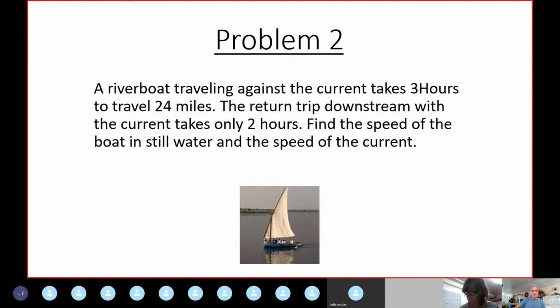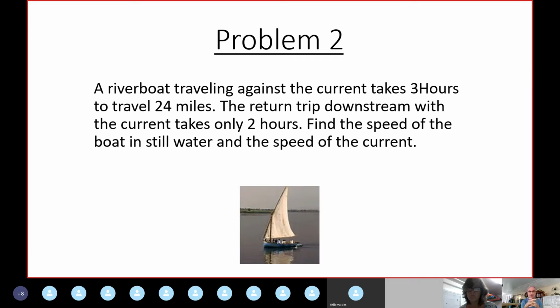A riverboat traveling against the current takes 3 hours to travel 24 miles. So the distance is 24. The time is 3 hours. The return trip downstream, because we have a current, no? When you travel against the current, you are going slow, because you need to overcome the current.